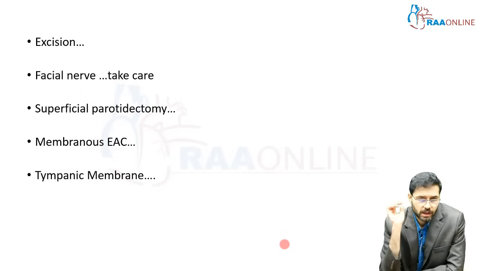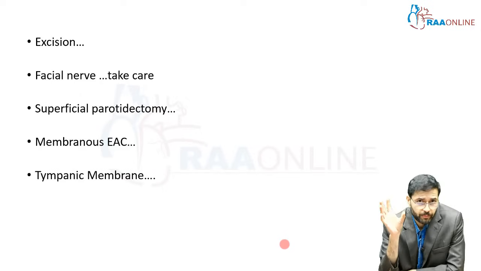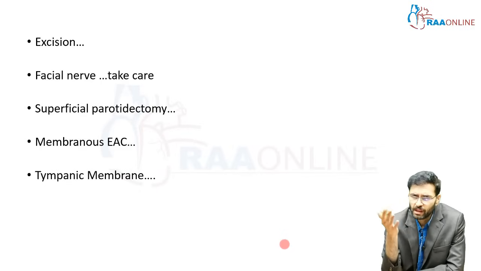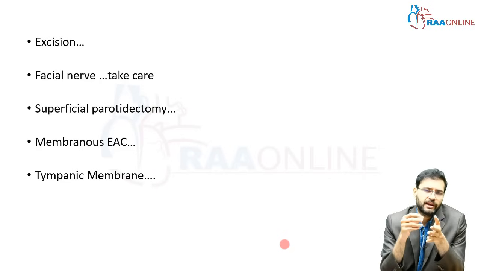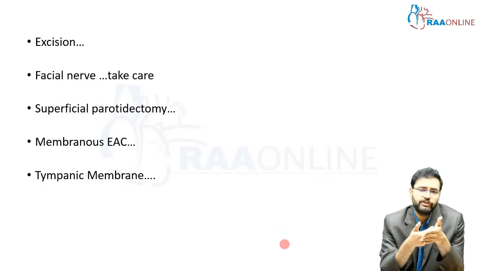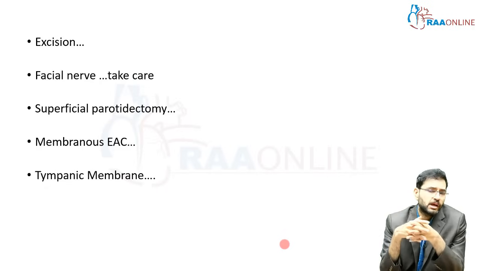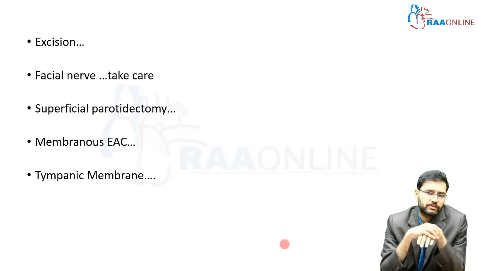The treatment of choice in such anomalies is complete excision. During excision, facial nerve injury, particularly in infants, is very common and has to be prevented. There are some authors who recommend that the first thing to be done in such cases is to identify the trunk of the facial nerve and proceed with a superficial parotidectomy in order to reduce facial nerve injury along with excision of the cyst.